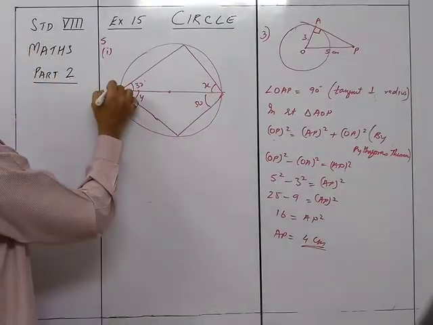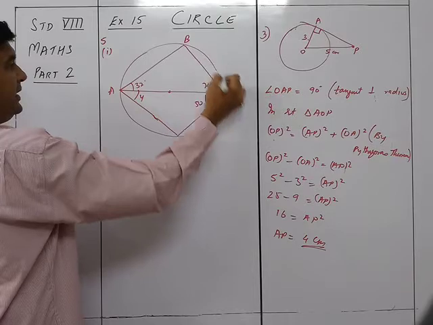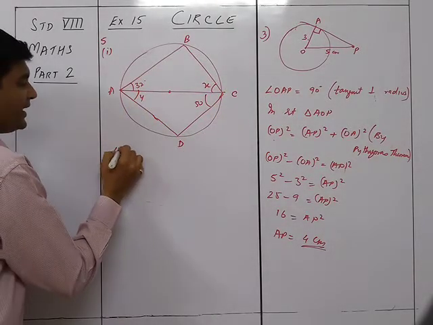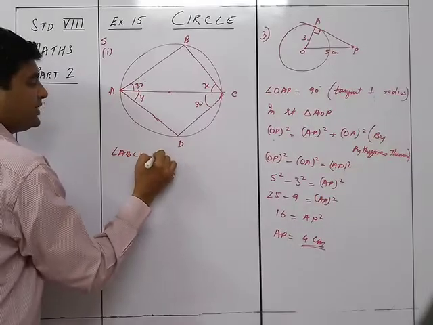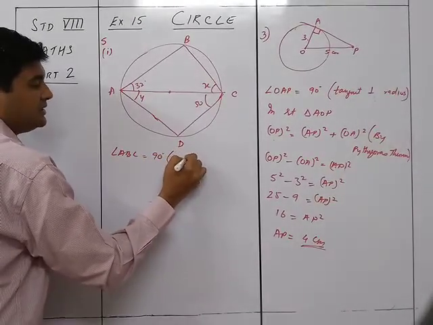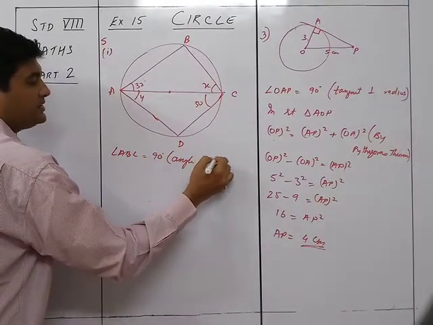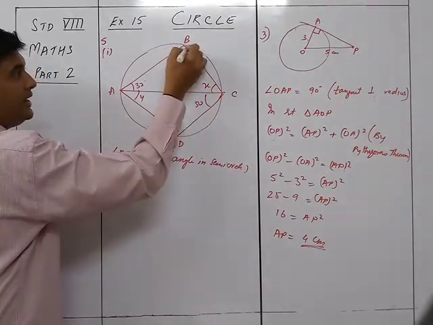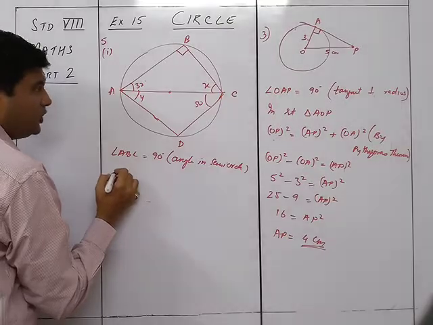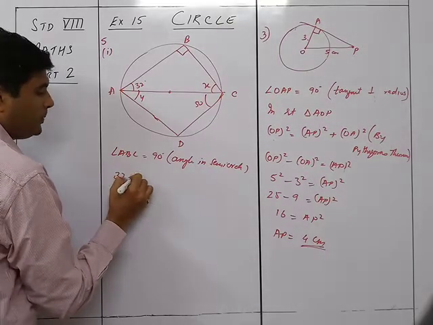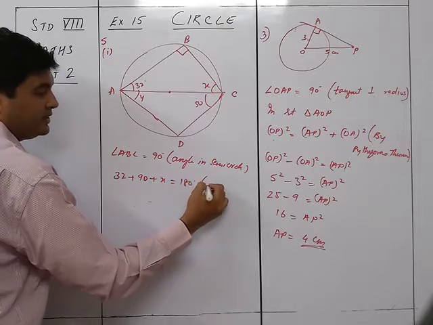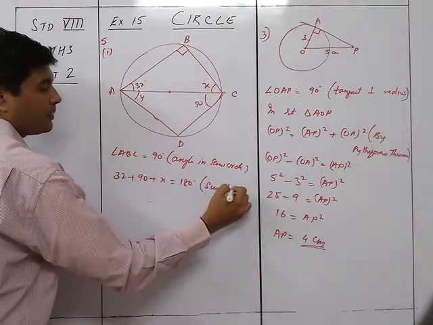We'll just name this for our convenience, A, B, C, D. So we know that angle ABC is equal to 90 degrees, angles in a semicircle. So this is 90 degrees. Therefore, we know that 32 plus 90 plus x is equal to 180 degrees, sum of angles of a triangle.